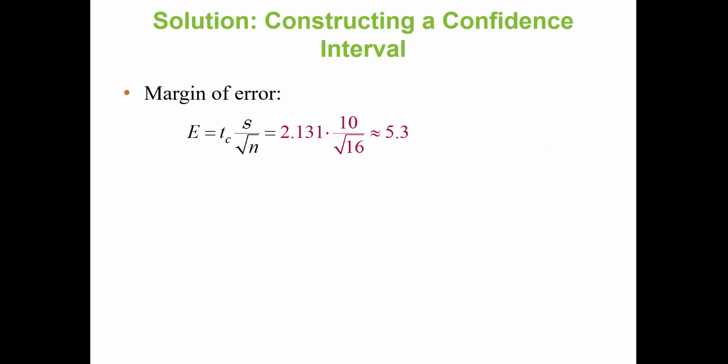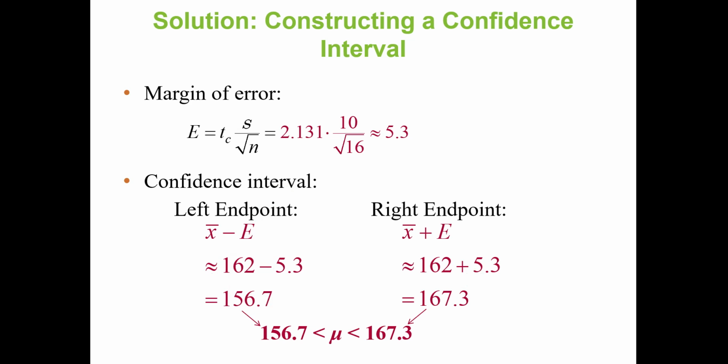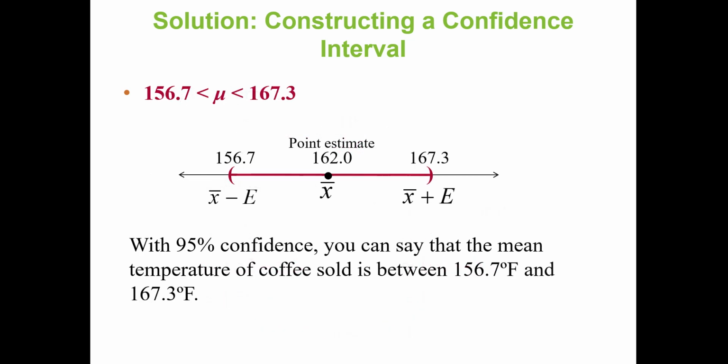After that, you simply plug it in your equation where the standard deviation is 10, sample size is 16, and this is your critical value from the student t-distribution. And with that, you plug it in your equation to obtain the left endpoint and your right endpoint. And that is basically it for this lecture. And that's your confidence interval.